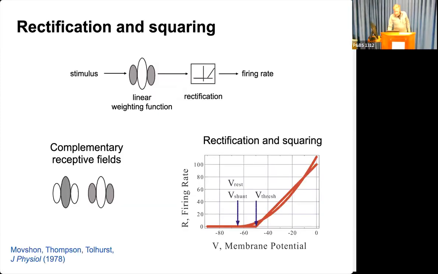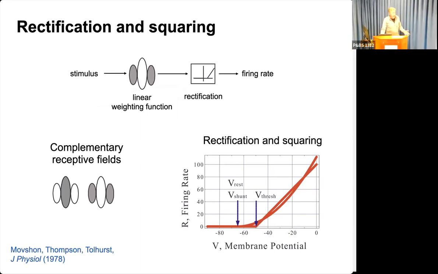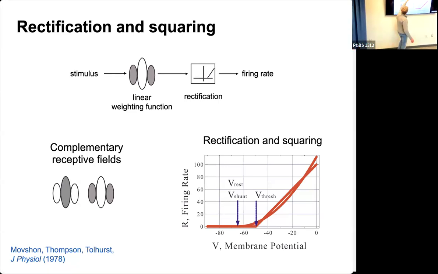Well, in brains and in machine learning, the next thing that was added is a rectification. And this was done in the neuroscience literature in 1978. Movshon, Thompson, and Tolhurst, '78, actually invented the rectified linear unit. Okay. So if you do that, it's a simple idea, right?